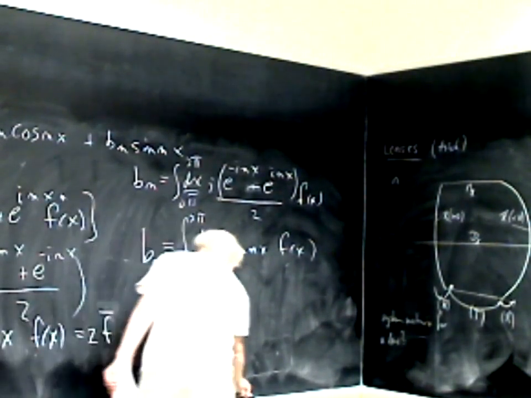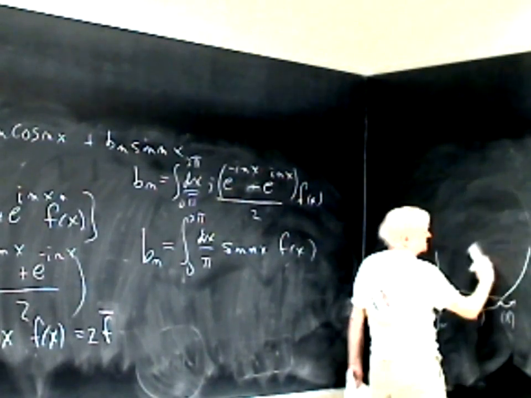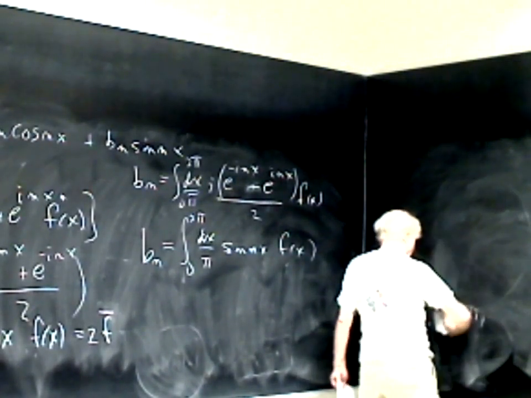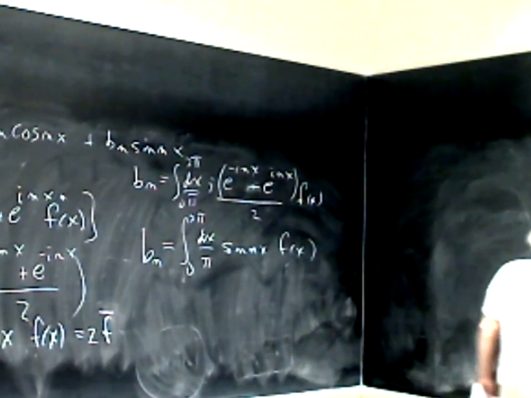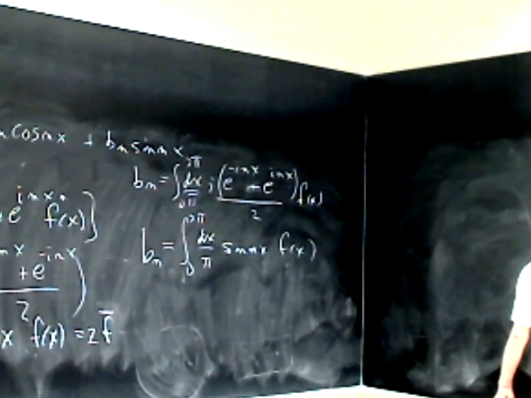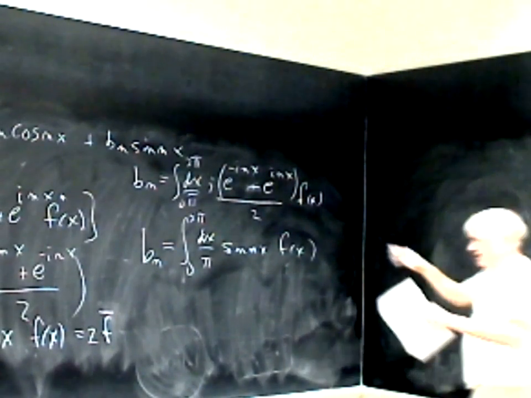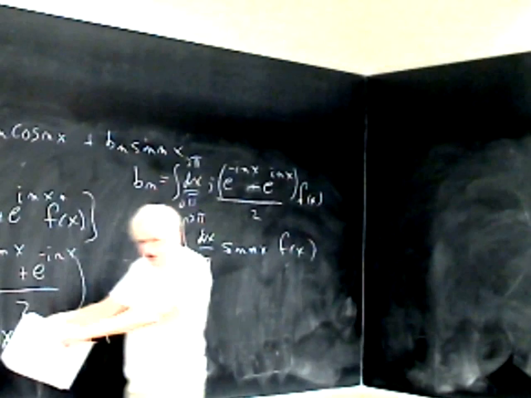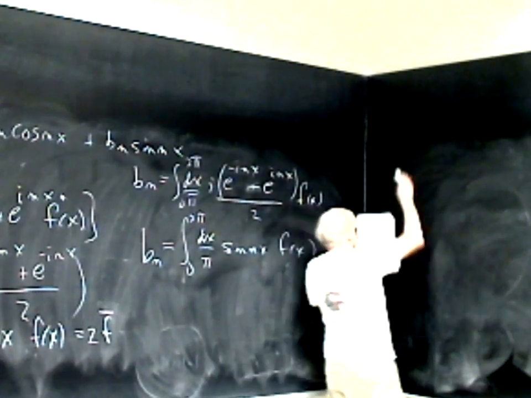Now, just as we derived our formulas for the complex Fourier series from the orthogonality relations for those functions e to the i n x over square root of 2 pi, so too, the orthogonality relations for the sines and cosines can be used to derive the representation of a real function in terms of real Fourier series from these relations.